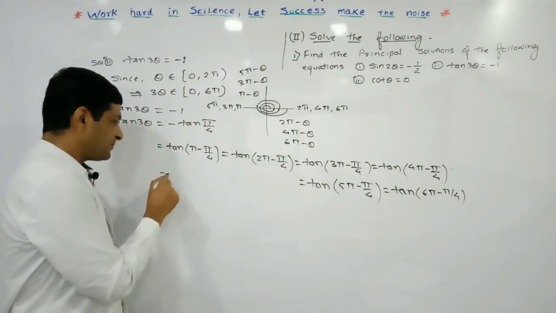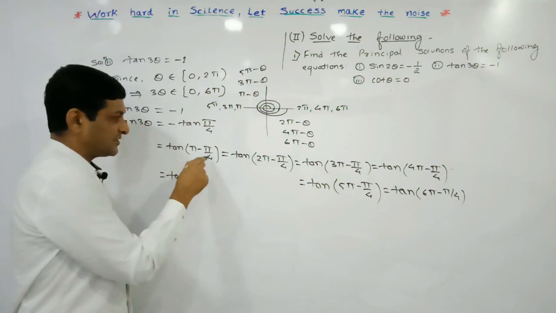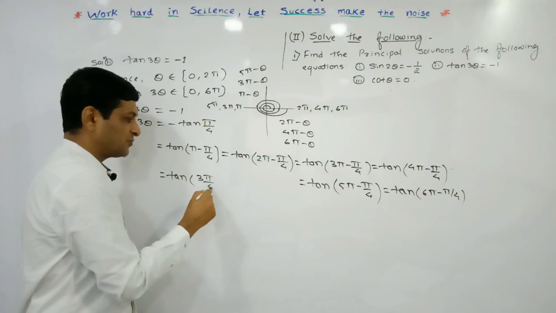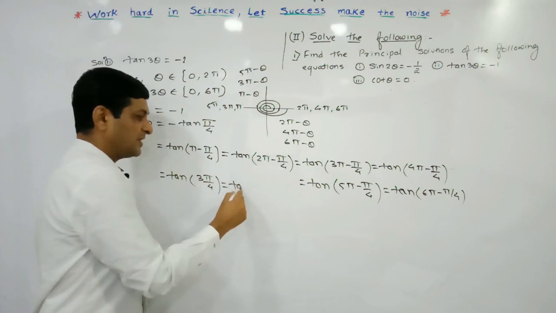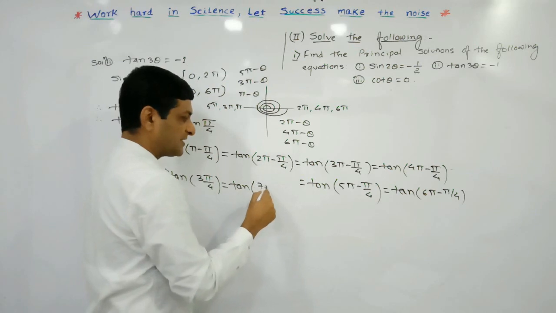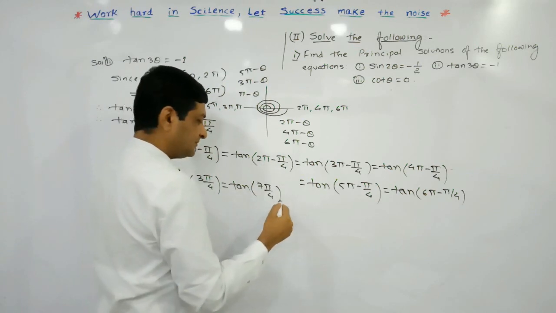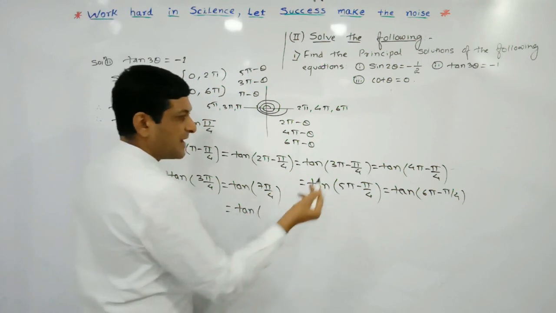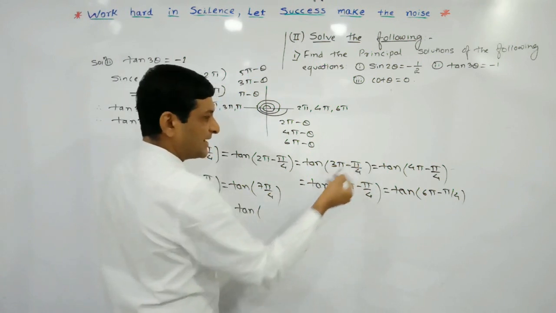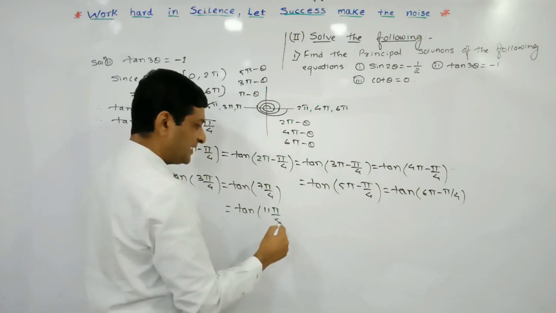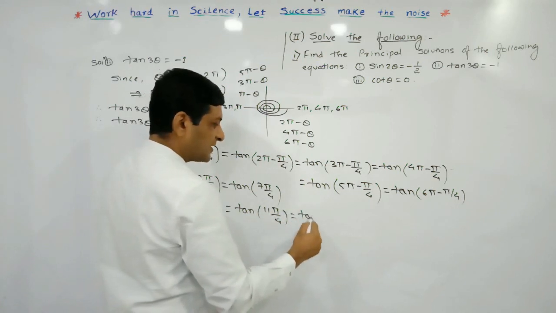Now after simplifying, it can be written as, see here, 4 pi minus pi will be equal to 3 pi by 4, we are just taking the difference, is equal to tan. Here what will we get? 8 pi minus pi will be 7 pi by 4, is equal to tan. After 7 pi by 4, here we get 12 pi minus pi, which is 11 pi by 4, so it will be equal to tan.